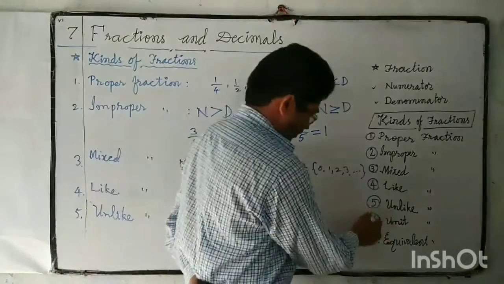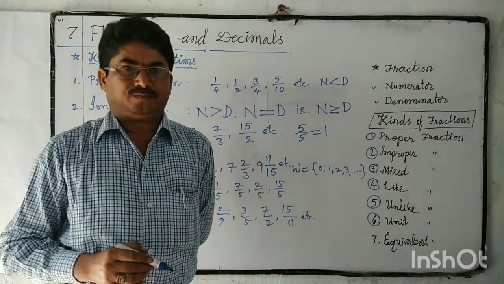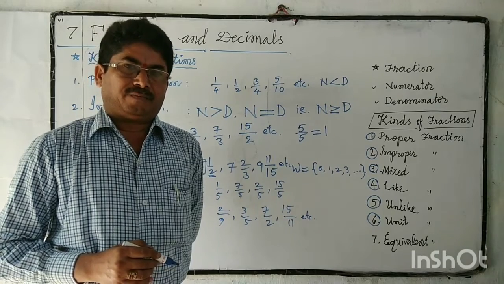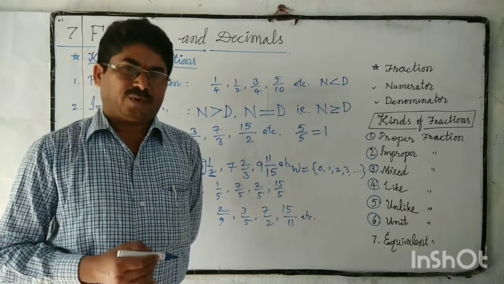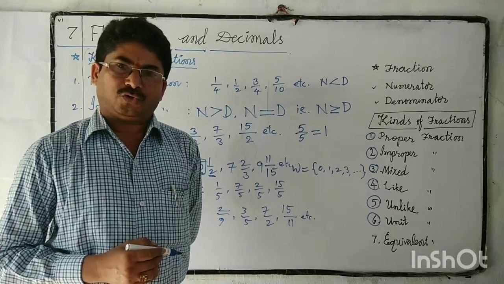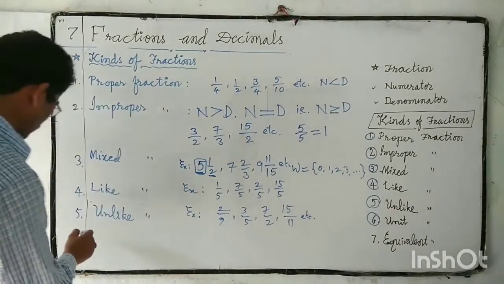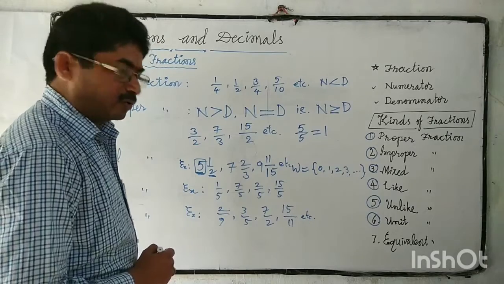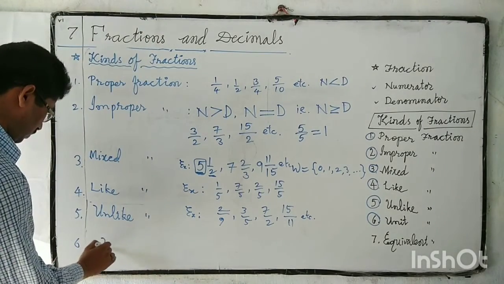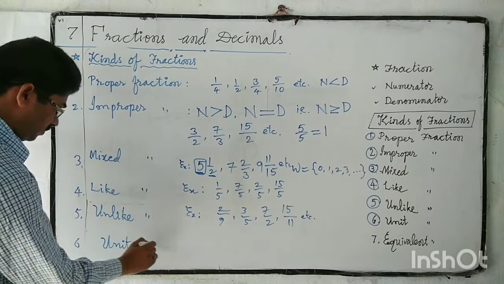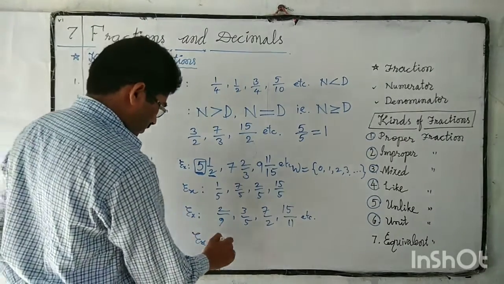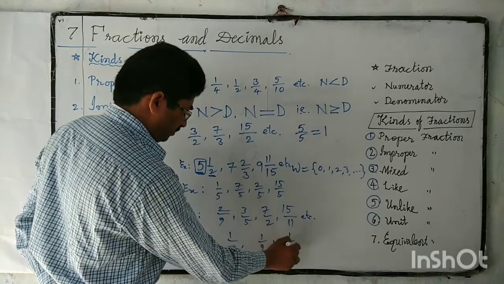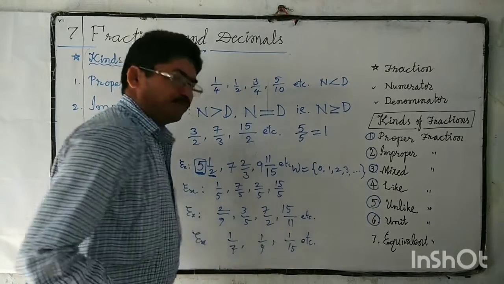Next, what are unit fractions? Fraction having 1 as numerator is called a unit fraction. Unit means 1. So that's why it is called a unit fraction. Examples: 1 by 7, 1 by 9, 1 by 15, etc. These all are unit fractions.